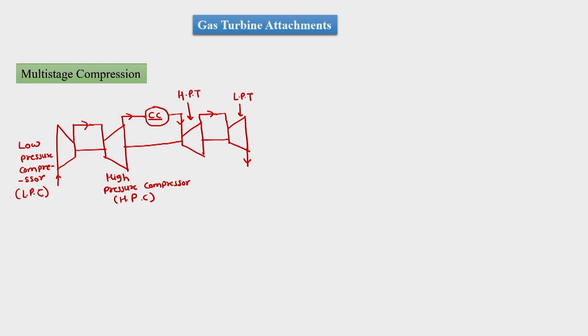So we can use multiple compressors for achieving the high pressure ratio in a gas turbine power plant.